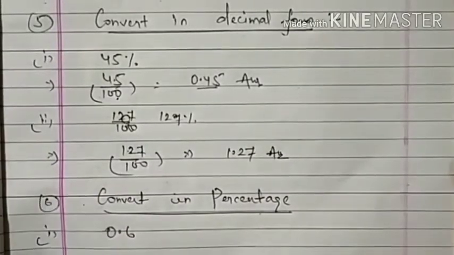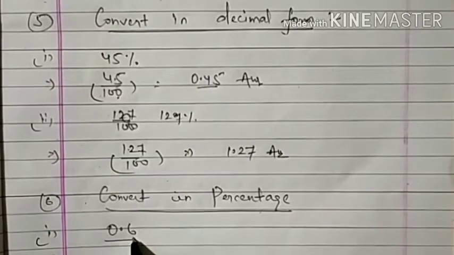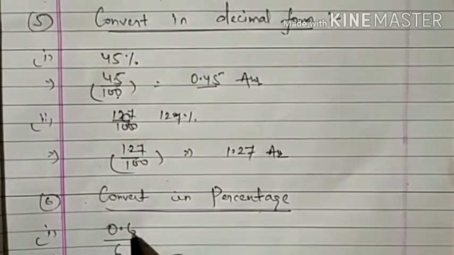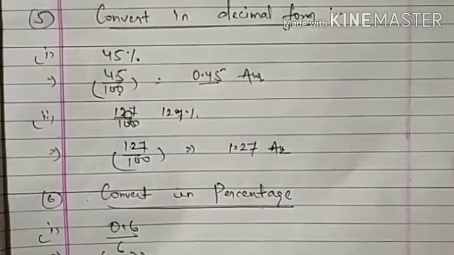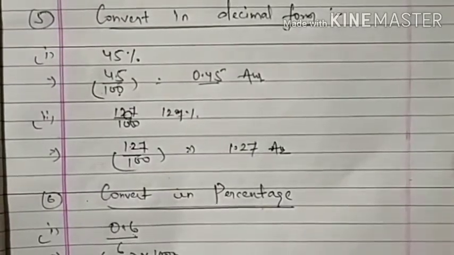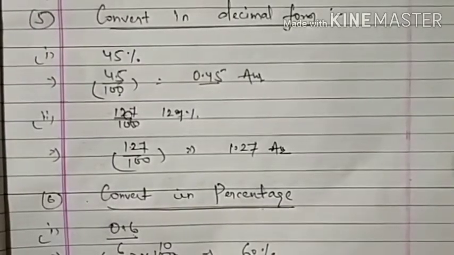So what will we write? We will convert this decimal into a fraction. What will be the fraction form of this particular decimal? 6 by 10. And to convert the fraction into percentage, what do we do? Multiply it with 100. 10 tens are 100. 6 tens are 60%. Okay. Let's move on to the second question of the same type.